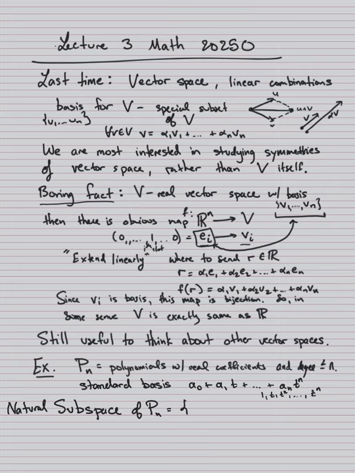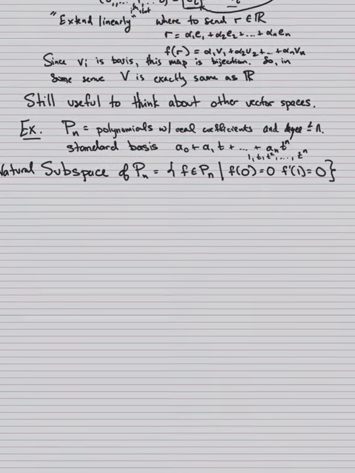We can just say these are functions of degree less than n, where f of 0 is equal to 0, and f prime of 1 is equal to 0. So polynomials whose value is 0 and whose derivative at 1 is also 0.